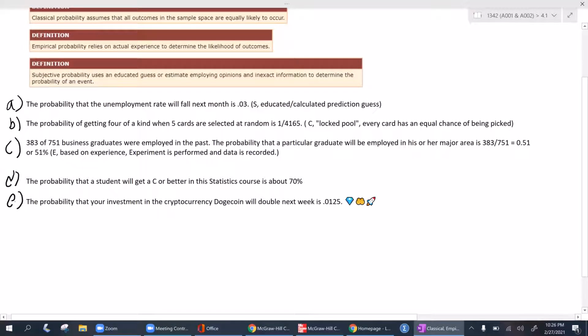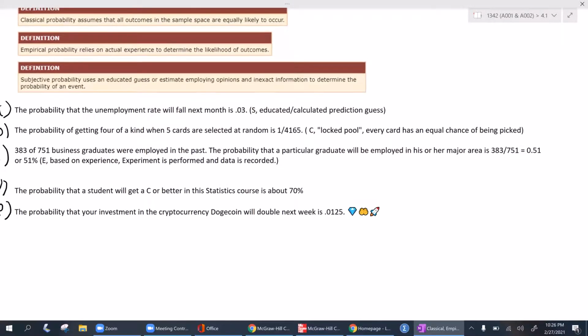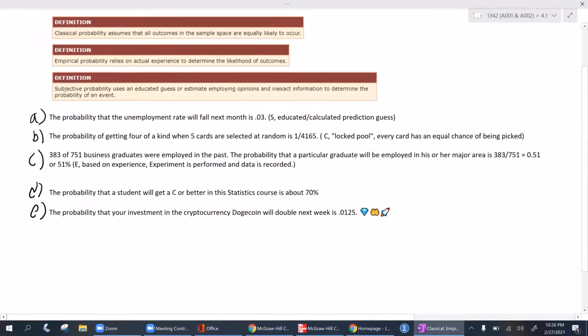For A, the probability that the employment rate will fall next month is 0.03, or 3%. We said that is based on an educated guess, or a calculated prediction, and that right there is going to be subjective.